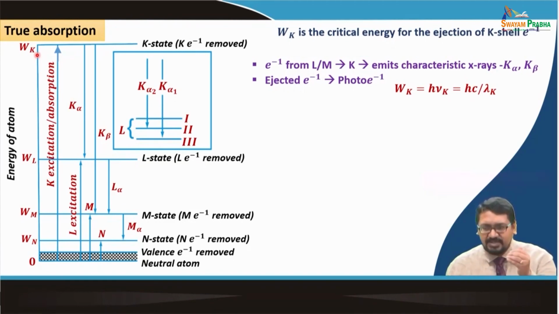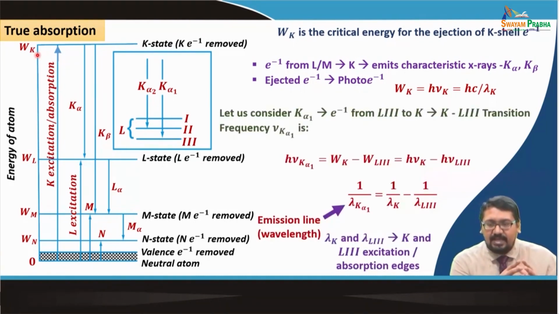So, this critical excitation wavelength lambda k, as we are lowering it, allows the electron from the K shell to be removed, so that, let us say, an electron from L3 reaches the K shell, and then it is emitting a characteristic radiation.